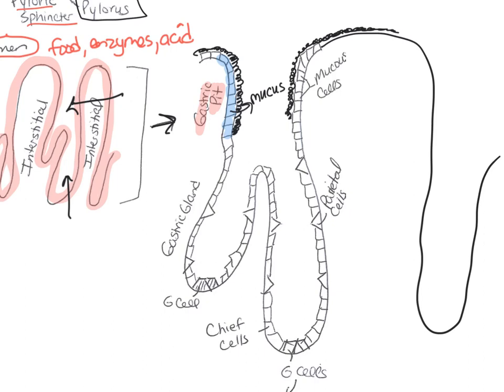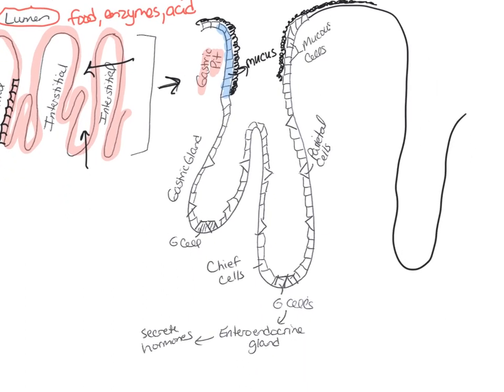Okay, deeper than the gastric pit is the gastric gland. Now the gastric gland also has those mucus cells that are lining the walls of the gastric gland. Okay, but they also have other cells in between. One of the other cells is called the parietal cell.